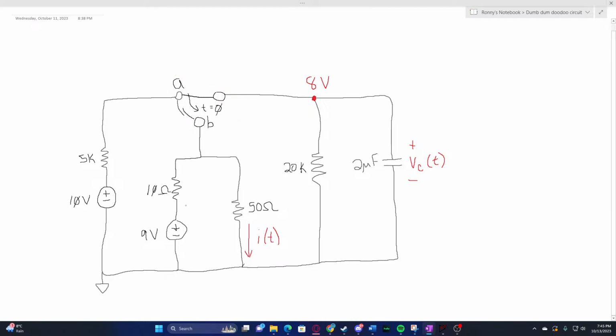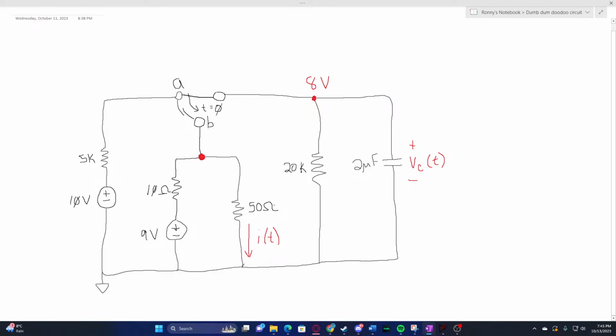So you have another voltage divider here, and if you look at this voltage right here, what is that? You have 9 volts into a voltage divider of 10 ohms and 50 ohms.